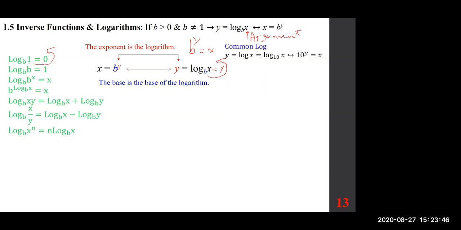I discussed it at another moment. So if you look at the second one here, it says when the base and the argument are the same, the answer is 1.